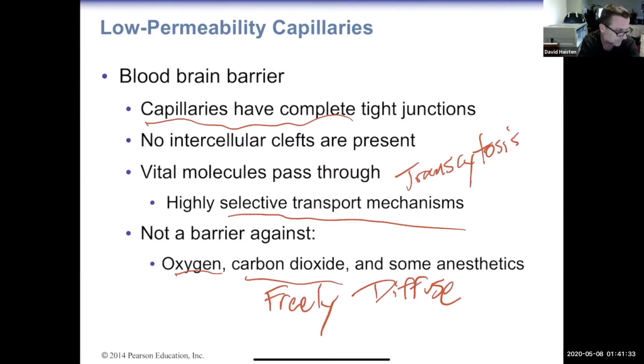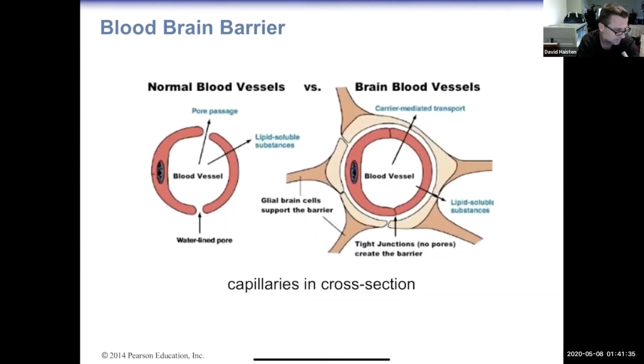Blood-brain barrier. Let's look at a cross-section of capillaries. The usual deal, normal blood vessels, we're looking at a continuous capillary here. Poor passage, some substances can get right through the intercellular cleft, and lipid-soluble substances are able to diffuse straight through, so small nonpolar molecules. Blood-brain vessels: nothing gets through. Tight junctions, no intercellular clefts.